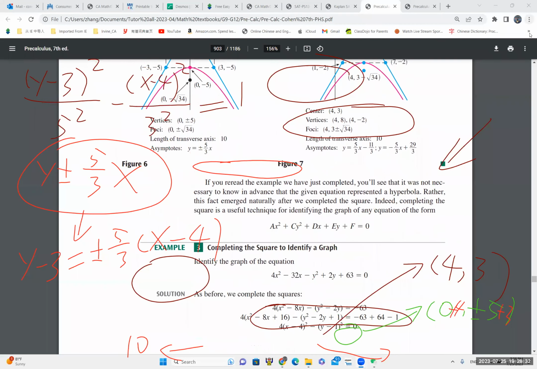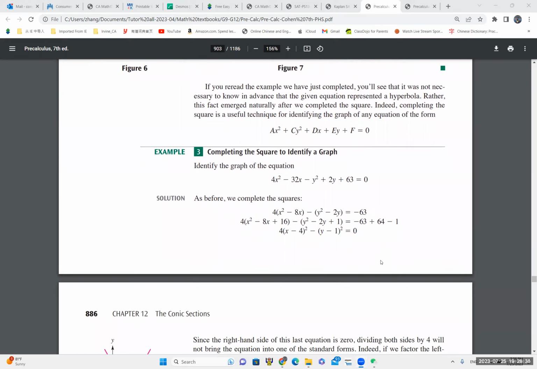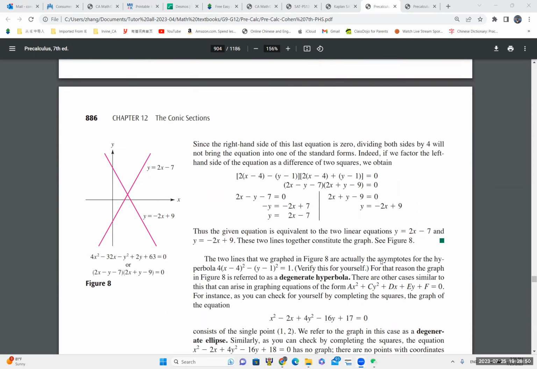To identify the graph. Neil, are you okay? Any questions? No. Okay.